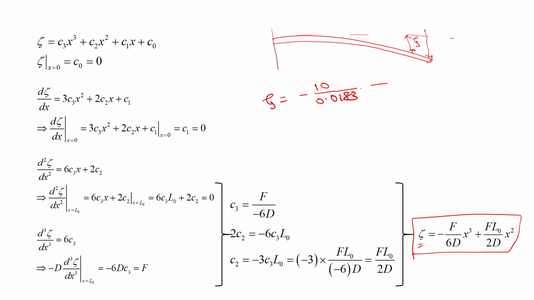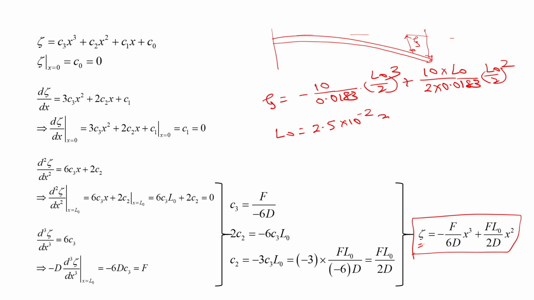So, x cube is L0 by 2 whole cube, and then plus 10 here and 2 here, 0.0183 into L0 here, and then x square is L0 by 2 whole square, and L0 is equal to 2.5 centimeter, 10 to the power minus 2 meter.